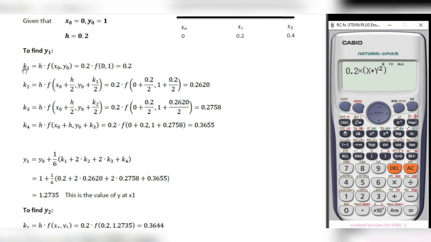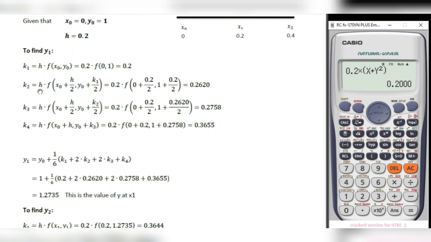Now we shall find out k1 plus calc. The value of x is x naught, that is 0. The value of y is 1. So we get the value of k1 as 0.2.